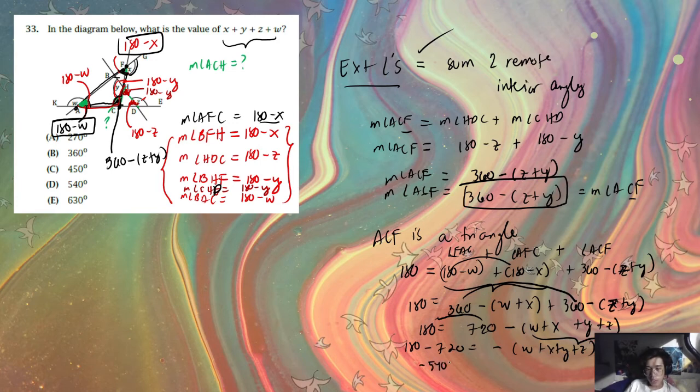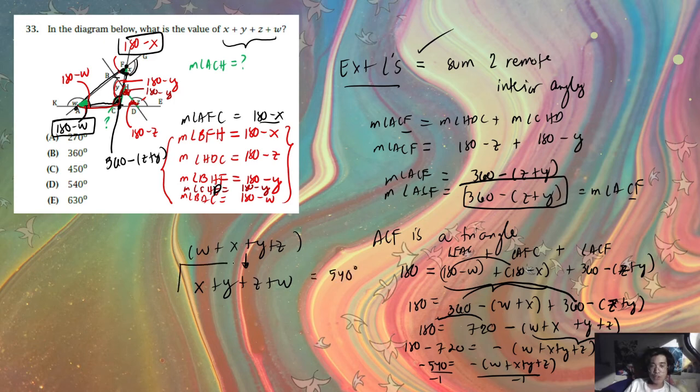Negative 540 is equal to negative quantity w plus x plus y plus z. Since we don't want a negative sign here, we can divide both sides by negative 1. Therefore, the measurement of angle x plus y plus z plus w, when regrouped, since addition has an associative property, is going to give us 540.